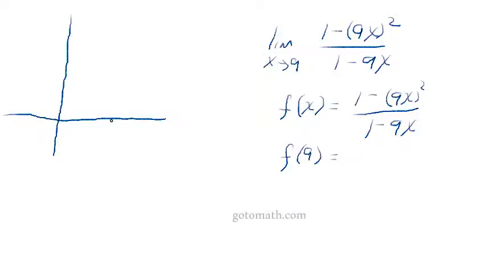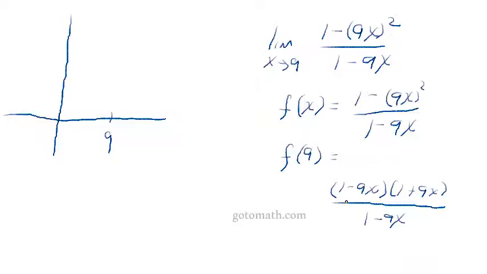Now we are approaching 9, and we'll say 9 is here on the x-axis. If I were to get an idea of what this graph looks like, I could factor, and we'll be doing a lot of this in the next section, evaluating limits analytically.